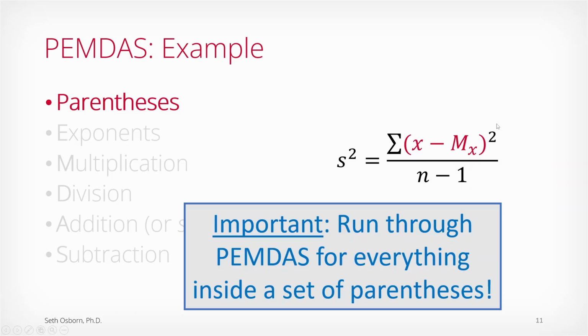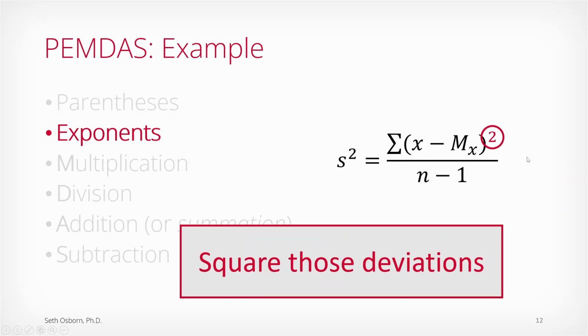Not this exponent, that one's outside the parentheses. But if there were parentheses inside parentheses, we'd have to do whatever's inside those first, the innermost parentheses. So that's what the parentheses mean. It's a way of saying this is what you do first. Okay, so we've done everything that's inside the parentheses. Now let's go outside.